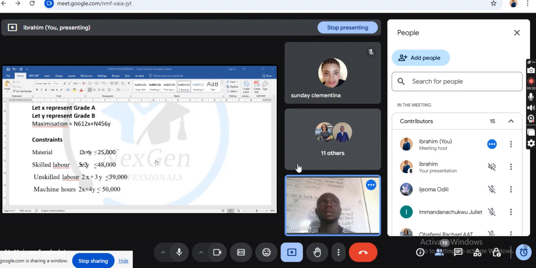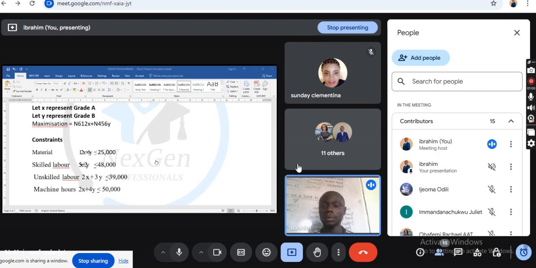In our previous lecture, we examined the definition of linear programming, the assumptions of linear programming, the limitations of linear programming, and the advantages and usefulness of linear programming. We've also looked at the objective function, the constraints, and the non-negativity constraint as well.